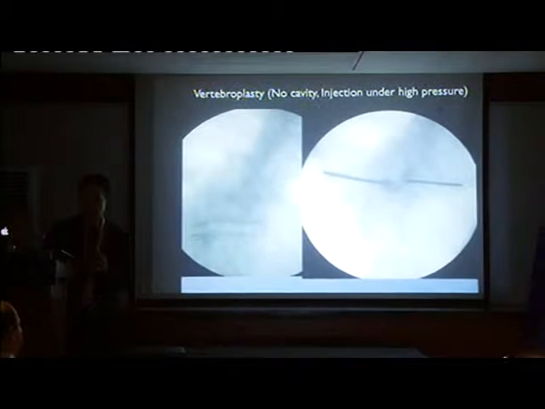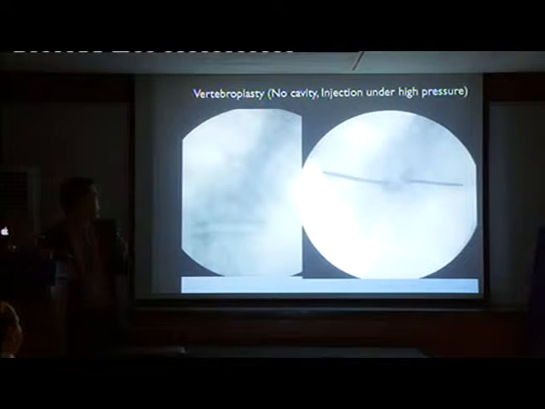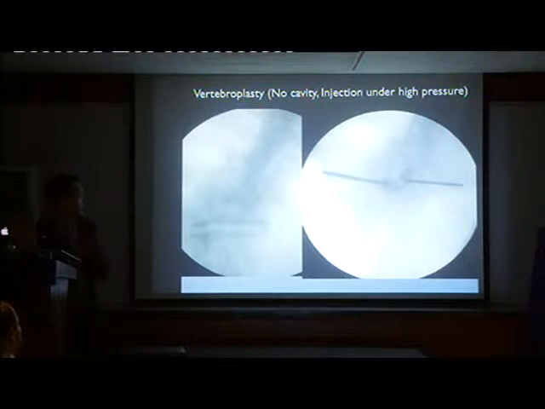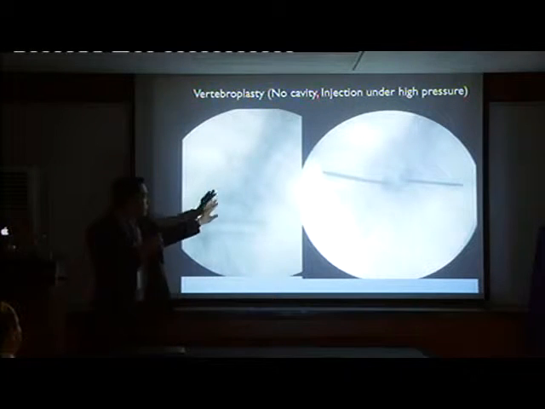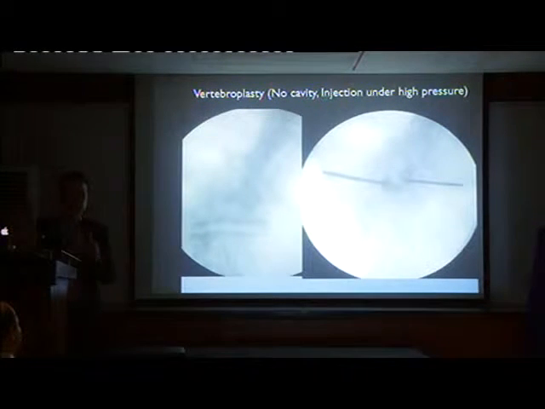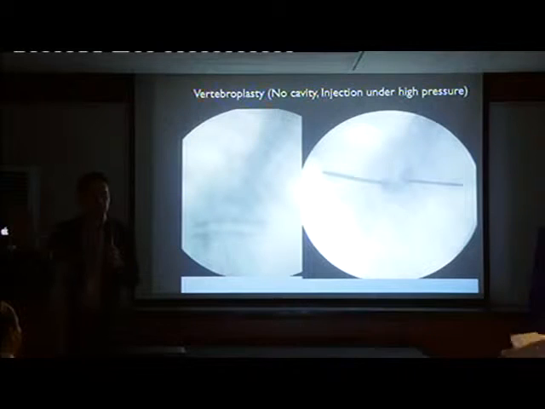This is a case that I performed, and this is an example of a vertebroplasty, but you can barely see the spine, a very scoliotic spine. The reason why I chose to do vertebroplasty on this person is because it was an older fracture.